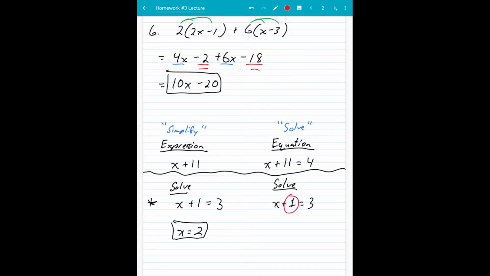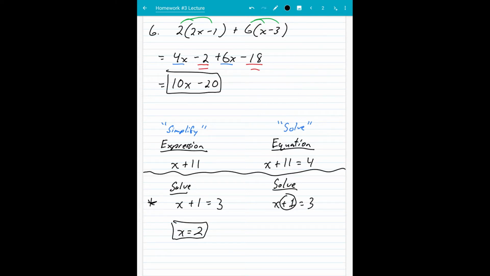It's in the way. I want x equals some number at the very end. And in order to do that, this plus 1 is in the way.